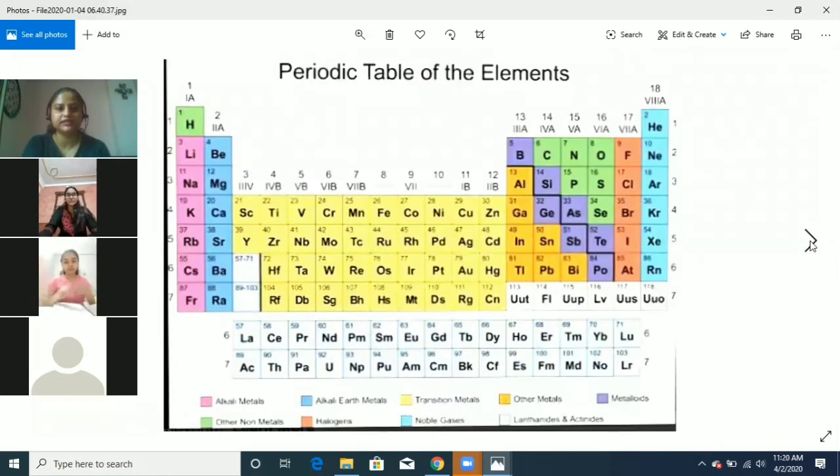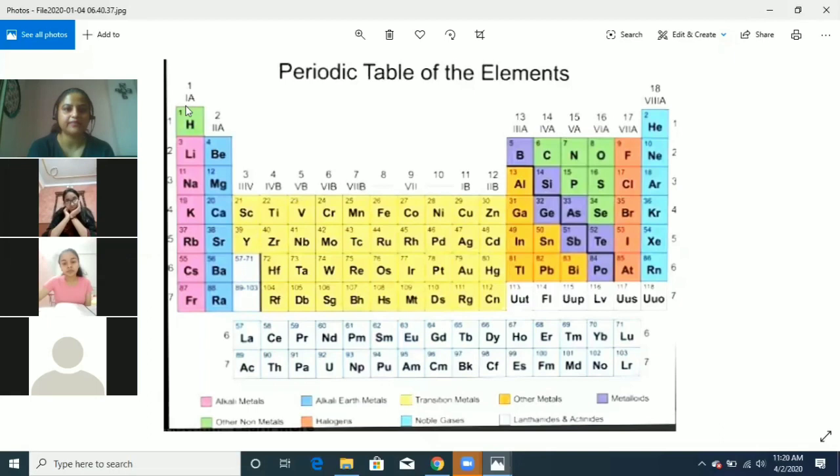As you can see, this is the periodic table in which you can see the cursor. This H, the periodic table starts from H. H is hydrogen, then helium and lithium, beryllium, so on.